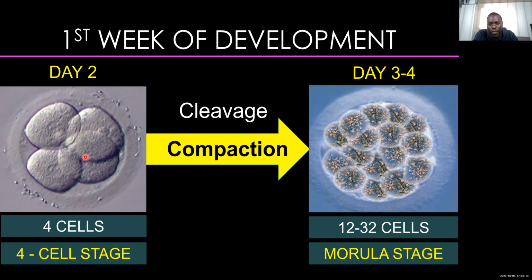because the cleavage has been going on. But the zona pellucida is still intact. And because the zona pellucida is not expanding and is limiting, if you're increasing the number of cells within the zona pellucida, then it can only mean that those cells are smaller.